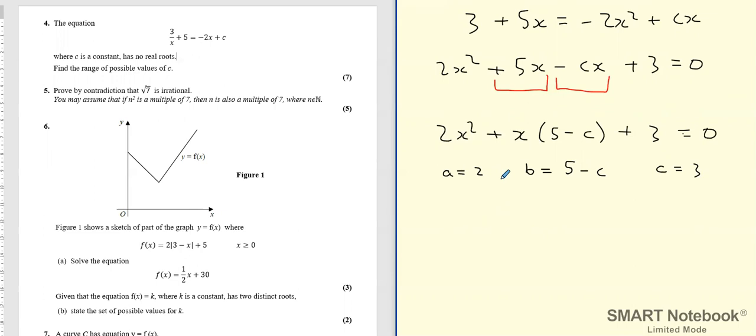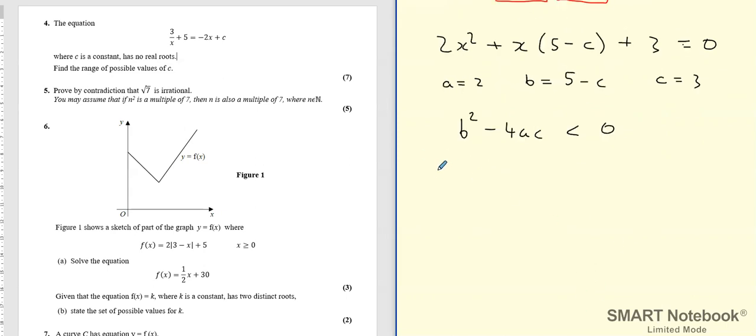So let's have a look at this. We're going to start off by saying b squared minus 4ac is less than 0. So b squared, 5 minus c, 5 minus c. Notice I don't write squared. I just multiply two of the same brackets by themselves.